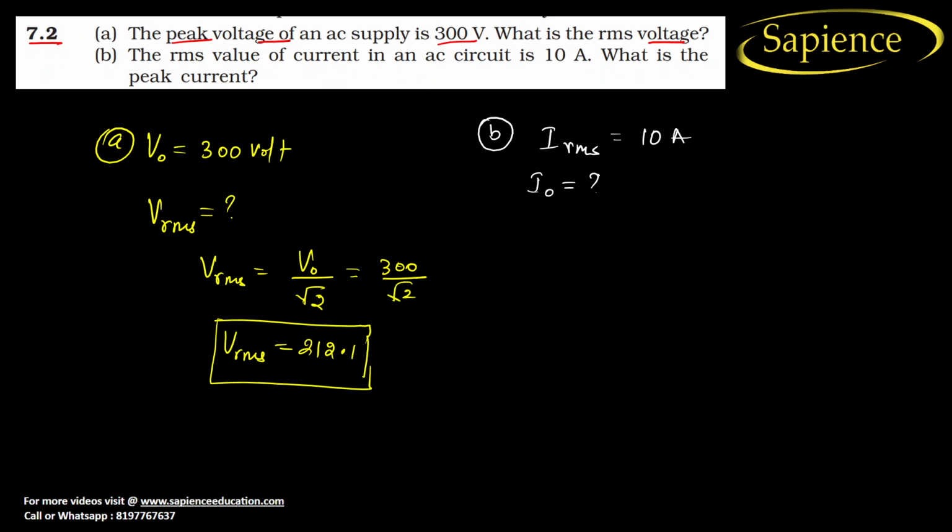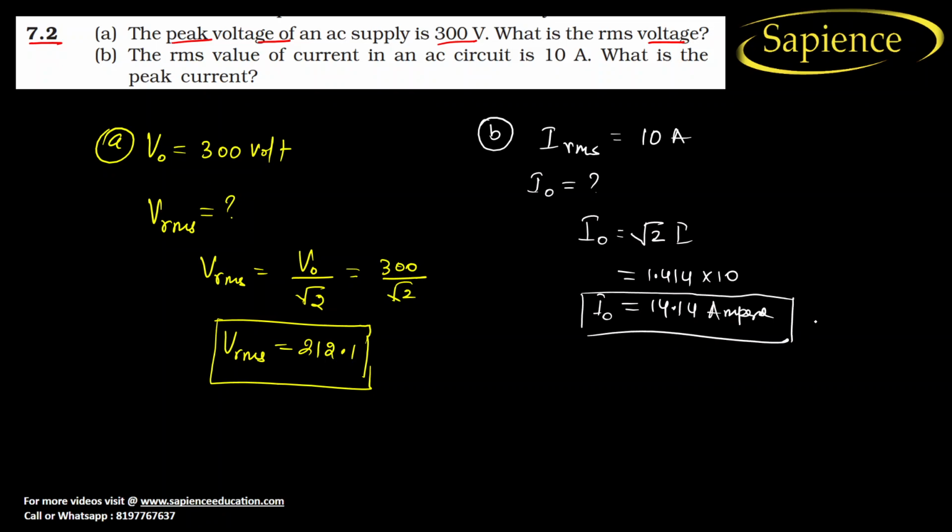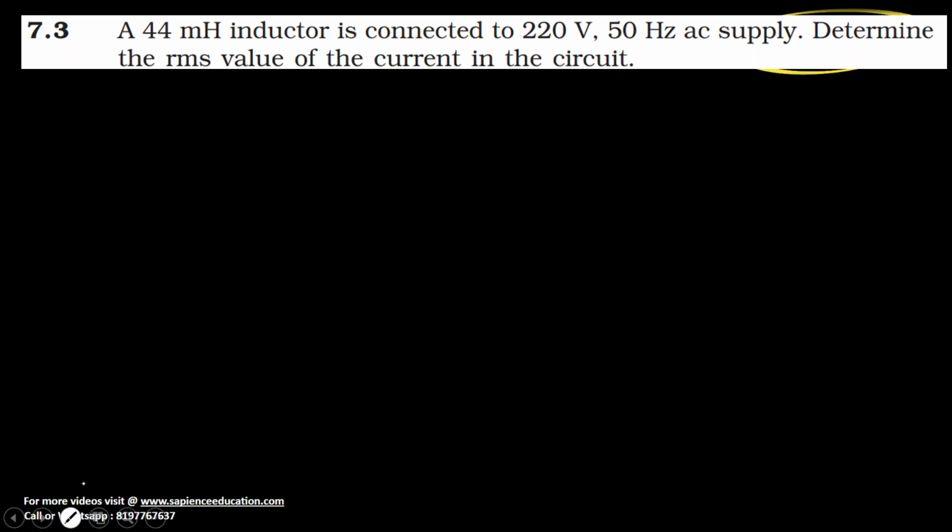We know that I naught is equal to root 2 times I. So this will be 1.414 into 10, which is 14.14 ampere. So this is the peak current. I hope you have understood this one. Now let's go for the next question, question number 7.3.